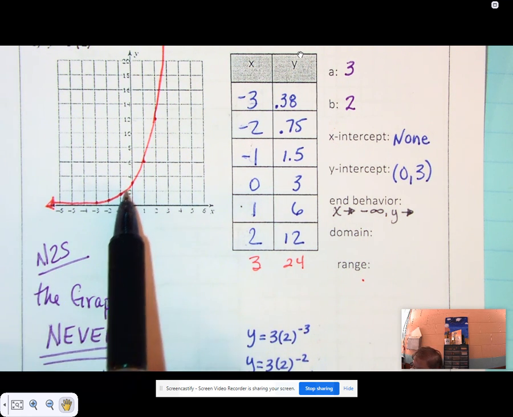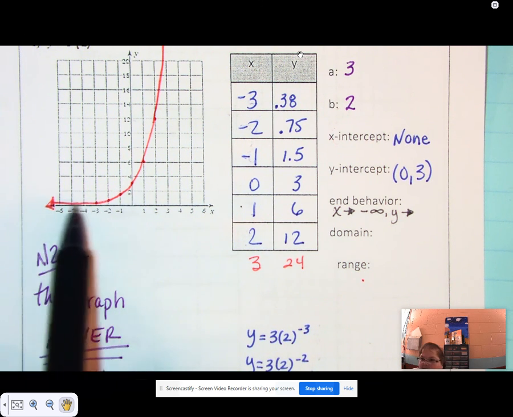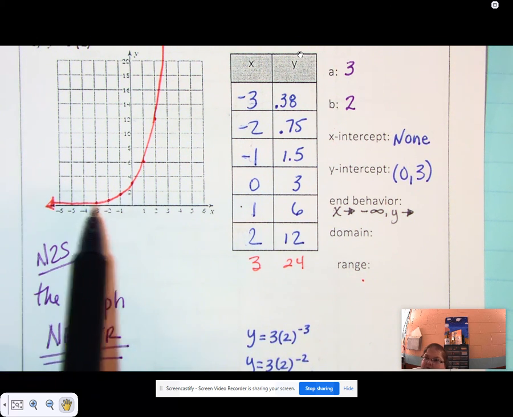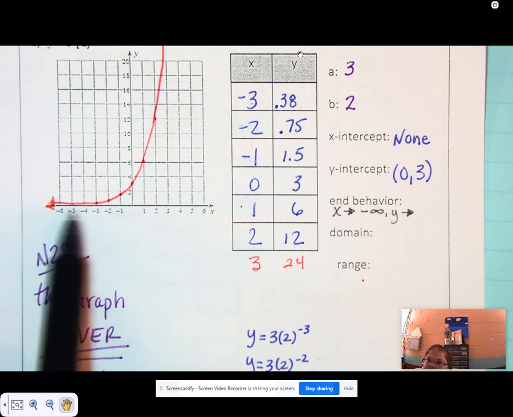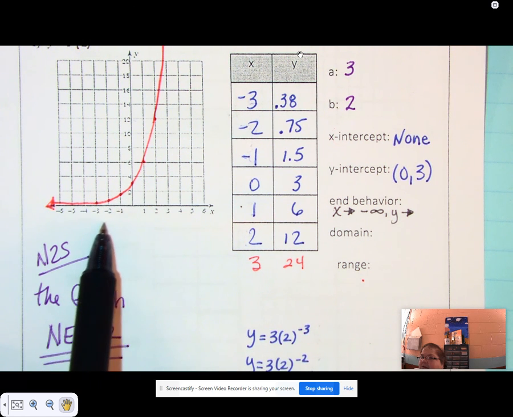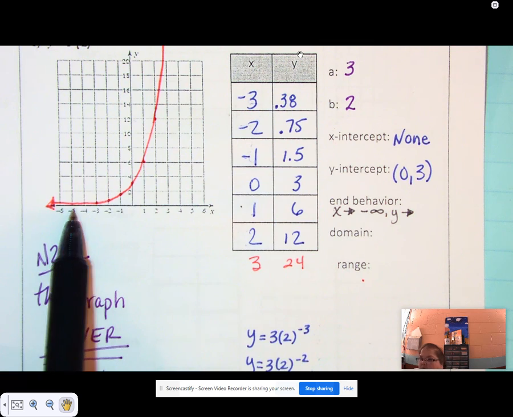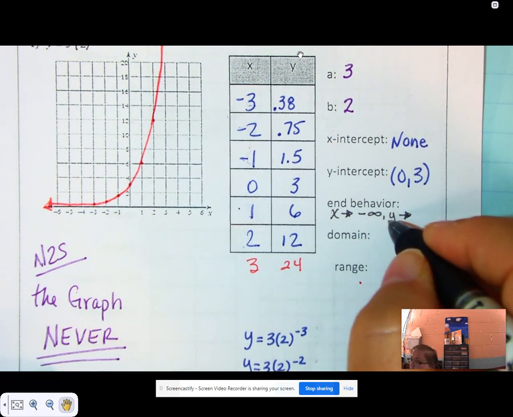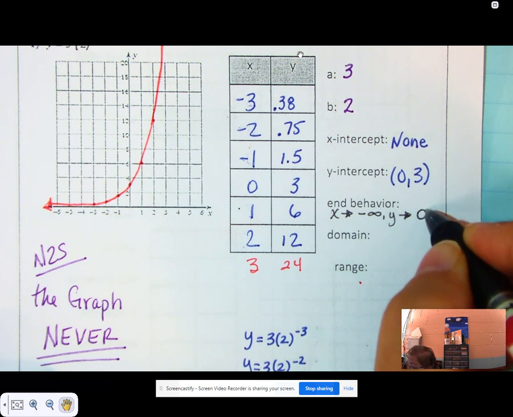But where is the y heading? Is it heading to negative infinity? No. Because remember, it's never going to intersect this x-axis, so it's never going to get down here to go to negative infinity. Interestingly enough, with exponential functions, y is approaching 0.